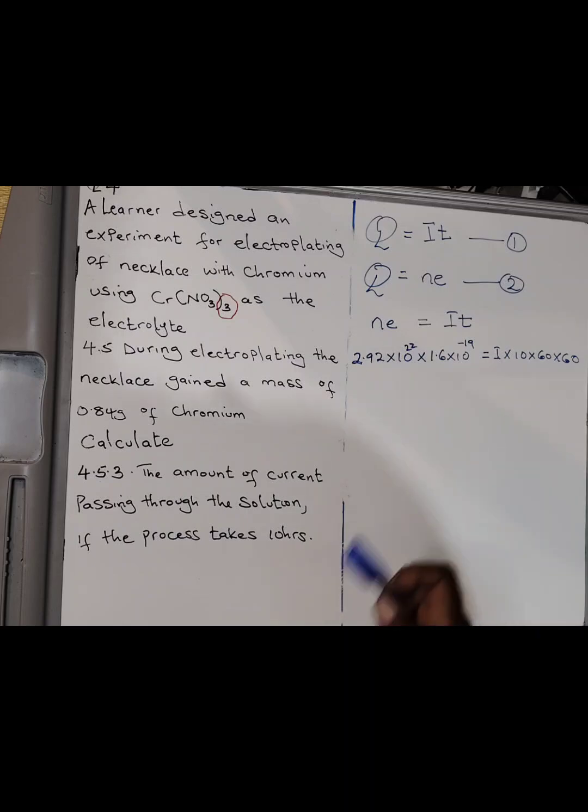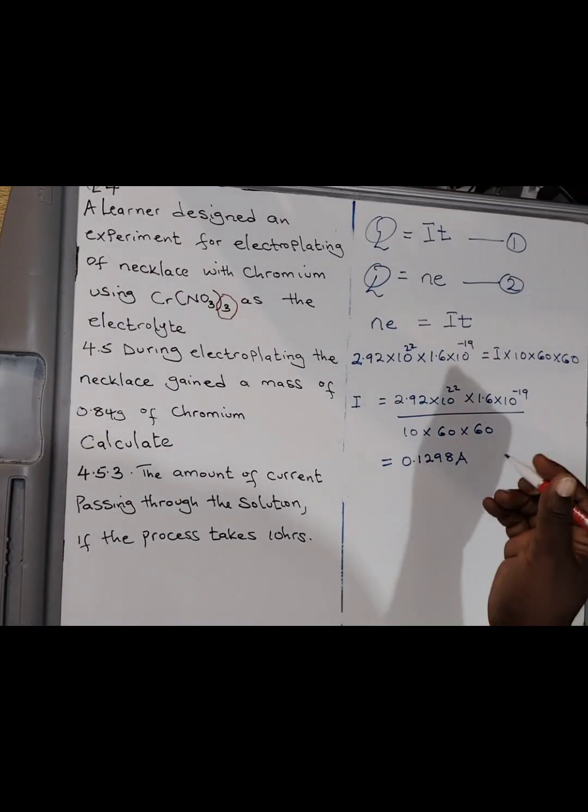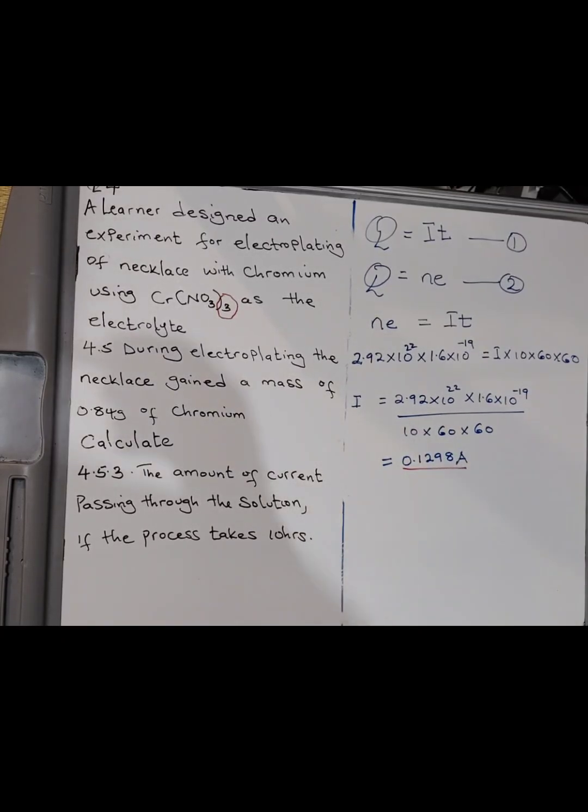I is the only unknown, and we can simply compute it. After substitution, this is what we get as the amount of current flowing through the solution. Then comes the next question.